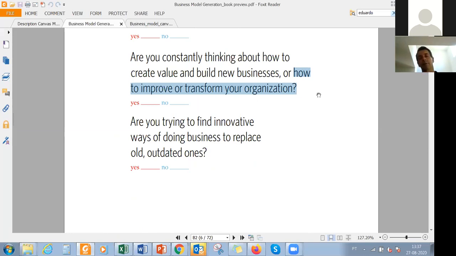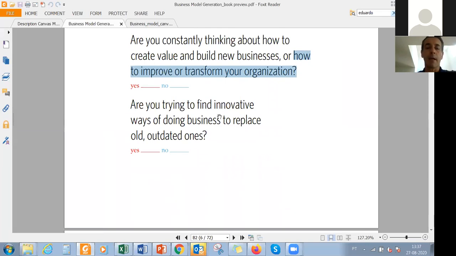So I believe it is a piece of knowledge, well organized, that can be used in different contexts, from teaching and learning to consultancy and to business development in general. And it is also a good tool if we are engaged in trying to find innovative ways of doing business.